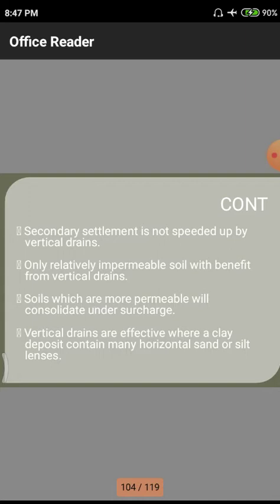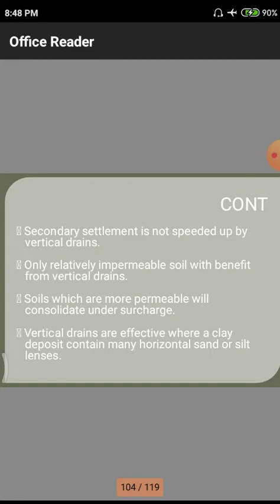Impermeable means soil which doesn't allow water through it. Permeable means soil which allows water through it. We need to understand those two, permeable soils and impermeable soils. Relatively impermeable soils benefit from vertical drains. Those soils which don't allow water through them benefit from constructing these sand drains.